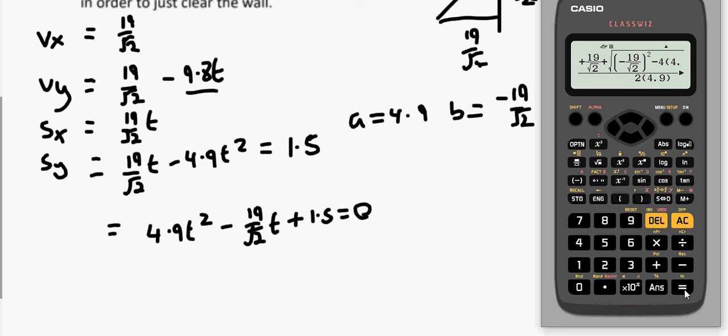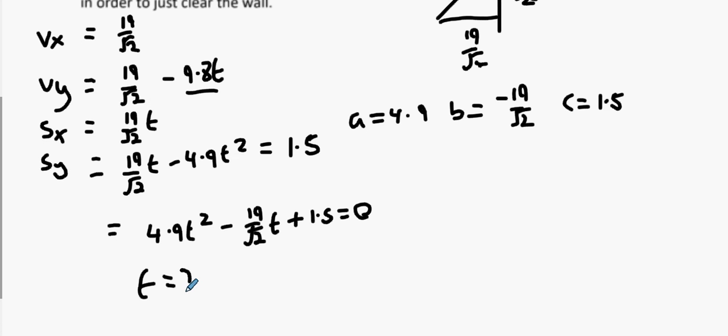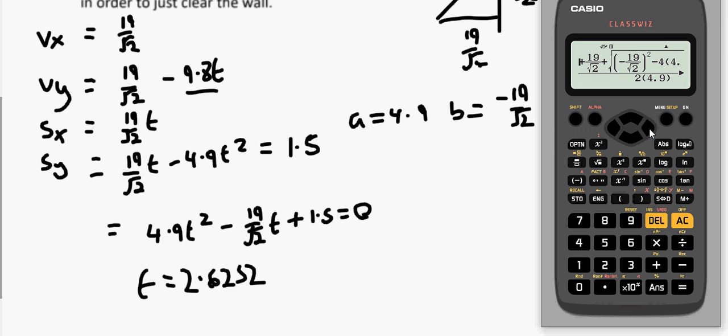And that's a t-value of 2.6252. Alright, let's get the other answer. Hopefully it works as well. Change to minus, 0.1166.